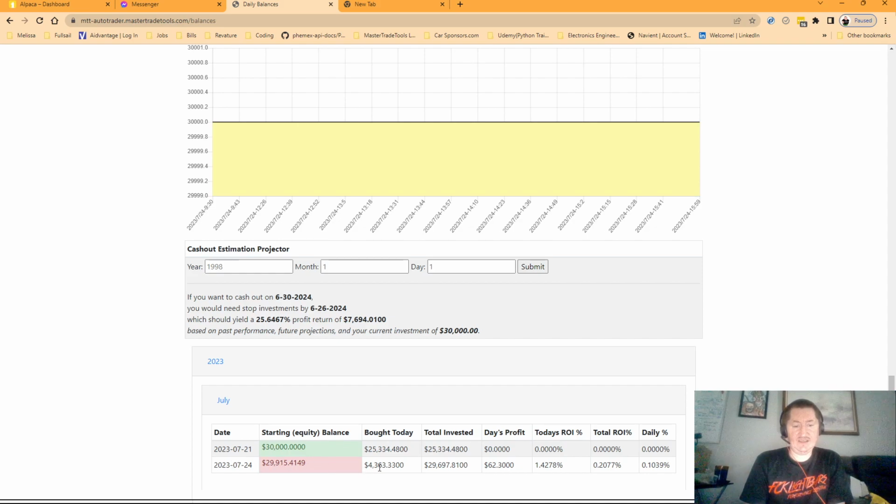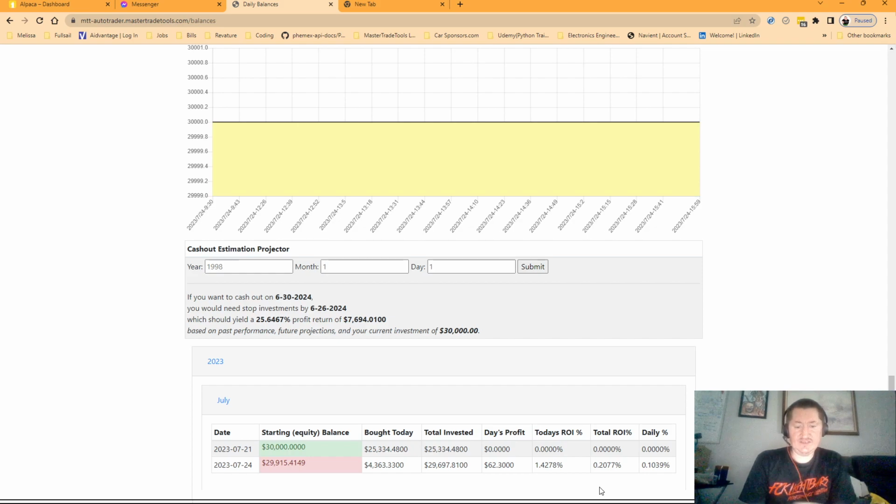And on the second day here, we made $62.30. So it divides that by $30,000, gives us a total return on investment currently of 0.2077%.